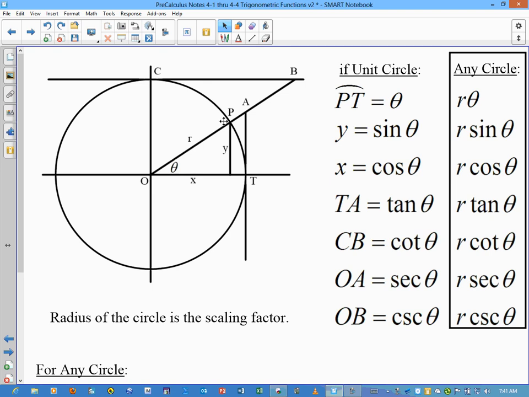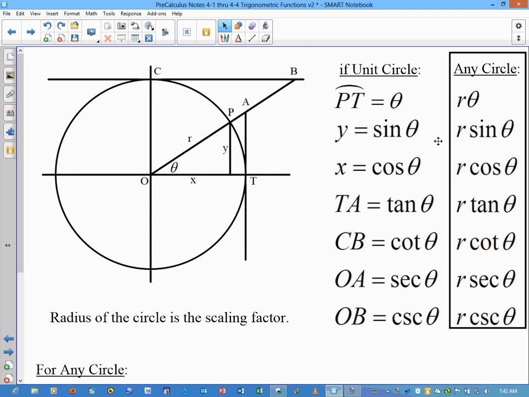So if you have any triangle with a hypotenuse r, then if you know the hypotenuse and you know the angle, one of the acute angles of that right triangle, I'm talking about if you have any right triangle, then the opposite side, which is y, is simply going to be the hypotenuse times the sine of the angle, and the adjacent side is simply going to be the hypotenuse times the cosine of the angle. So once again, you can write expressions a lot easier from your diagrams.